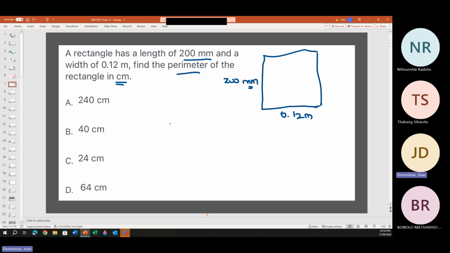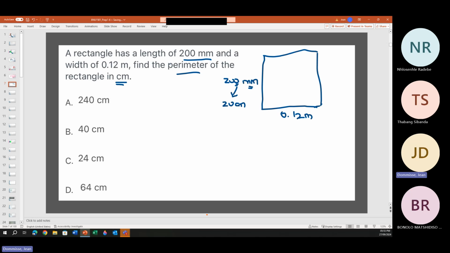So the first one that we're going to check is the 200 millimeters. If we have 200 millimeters, how many centimeters is that? We will take away one of the zeros, so that becomes 20 centimeters.